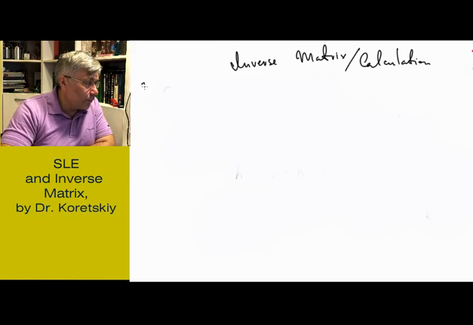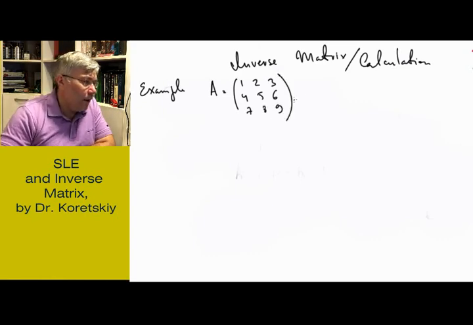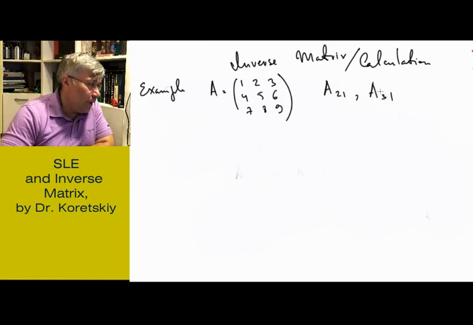Example. So matrix A is 1, 2, 3, 4, 5, 6, 7, 8, 9. And I want to calculate cofactor, for example, A21 and A31. Let's calculate firstly A21.